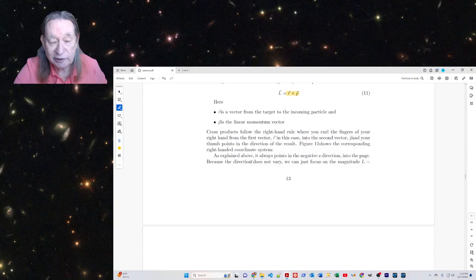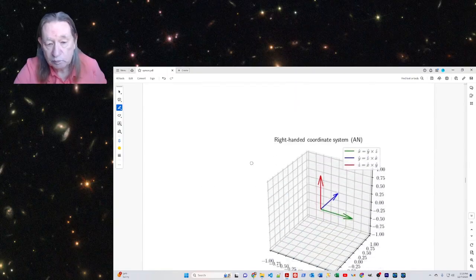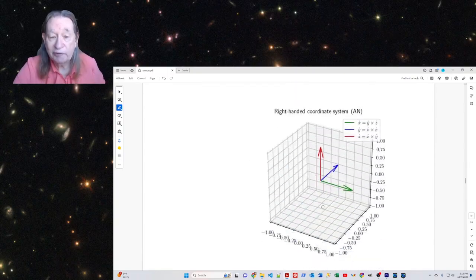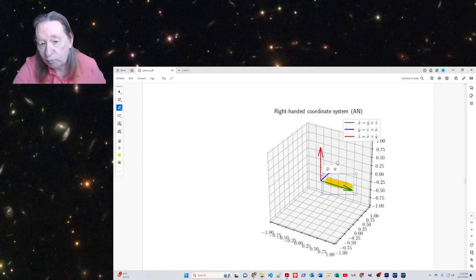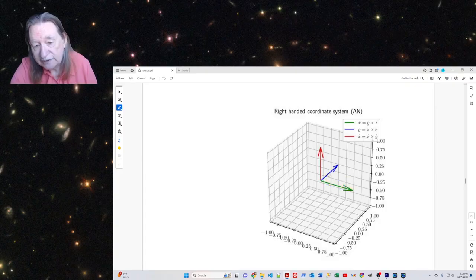Now, cross products work on the basis of the right-handed coordinate system. So if you have x and you cross it with y, you get something that goes up the z. If you take y and you cross it with z, you get something that goes out x.